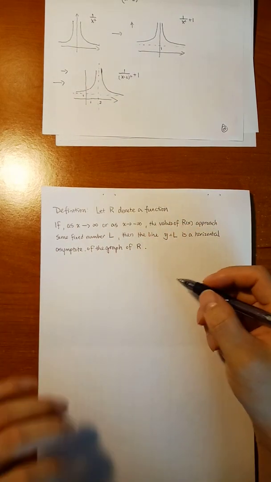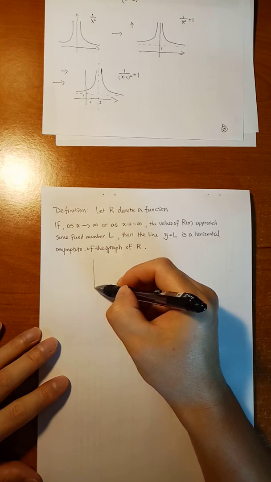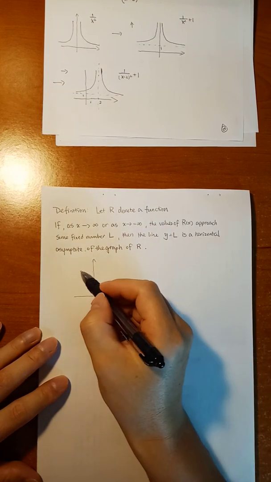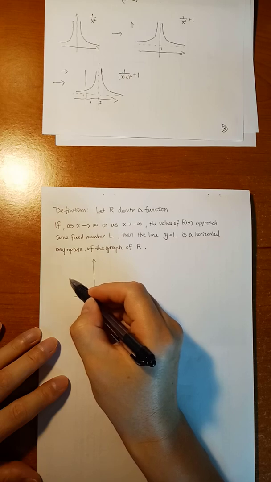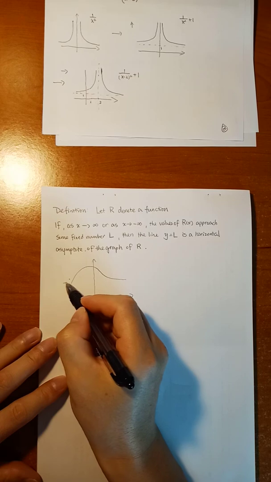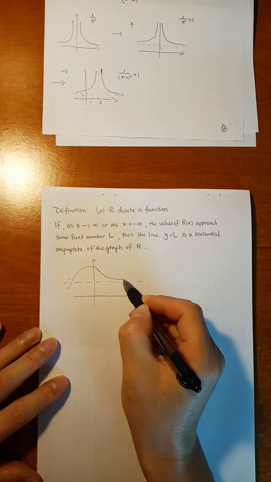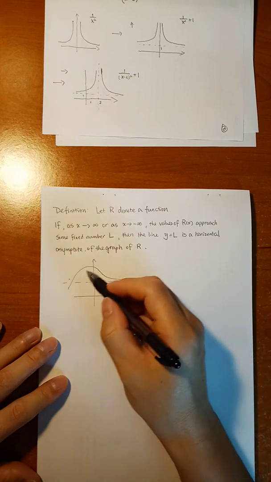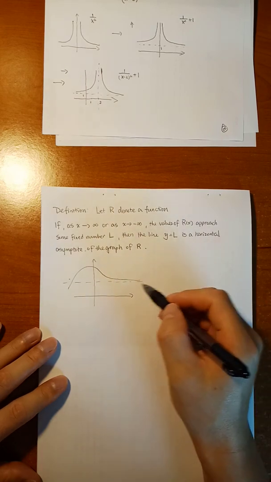Okay, so it could be like this. This is a horizontal asymptote. When x approaches past infinity, it approaches this horizontal line.